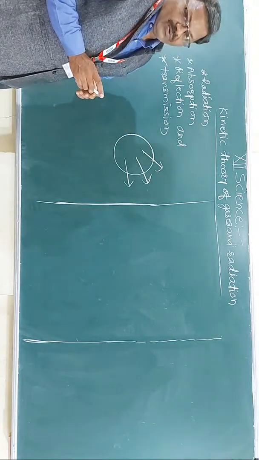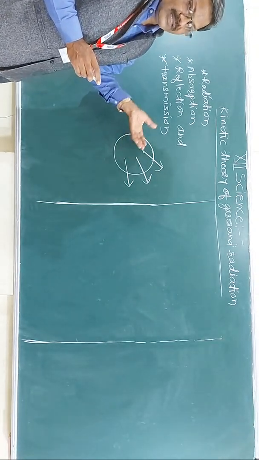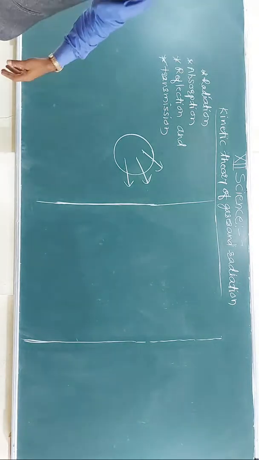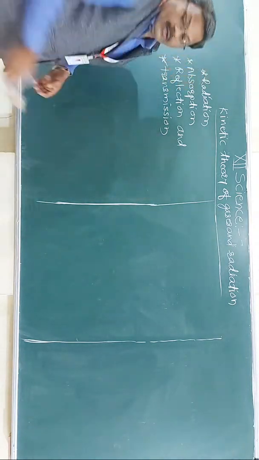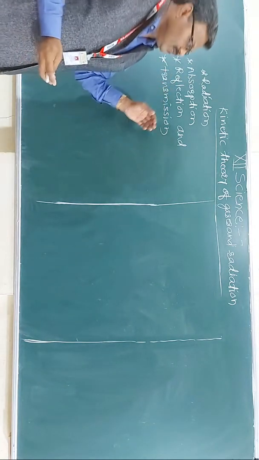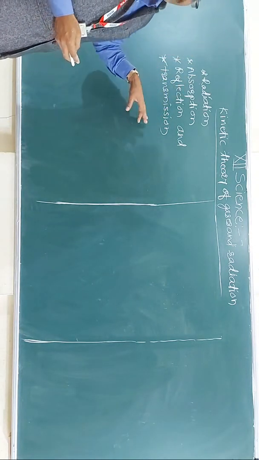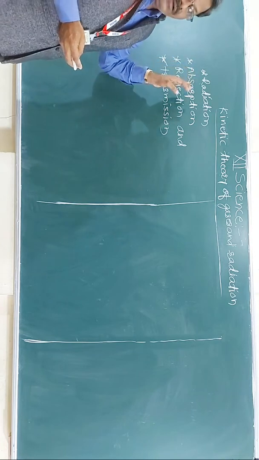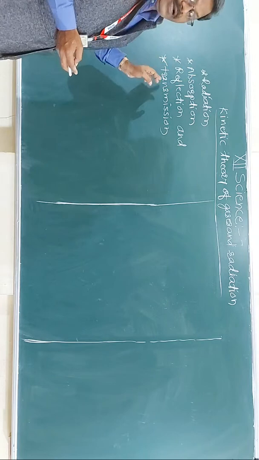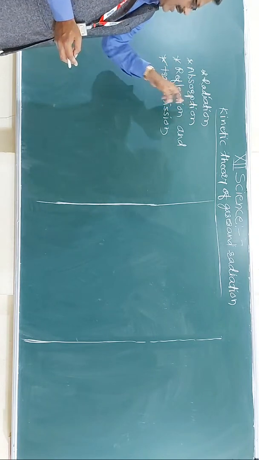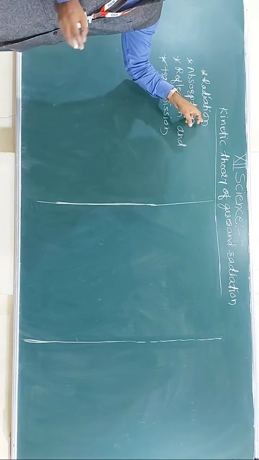Now we want to see about the thermal energy. When thermal energy, or radiant heat, is incident on the body, from this thermal radiation we are going to study absorption, reflection, and transmission. Now these are the terms related with radiant energy.